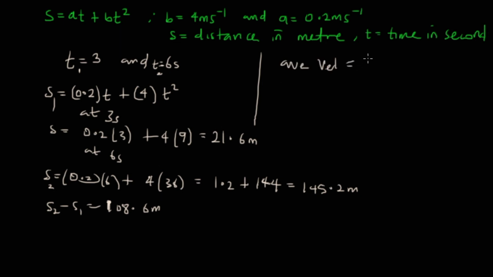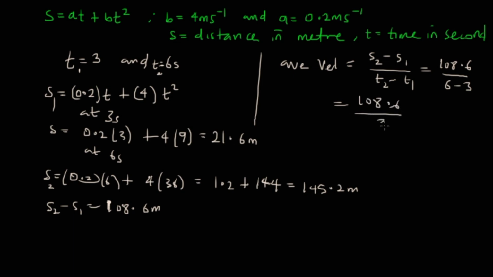The total displacement in the interval is s2 minus s1, and the total time in that interval is t2 minus t1, and of course that is 108.6 upon 3, which is equal to 36.2 meters per second, where meter per second is the unit of velocity.